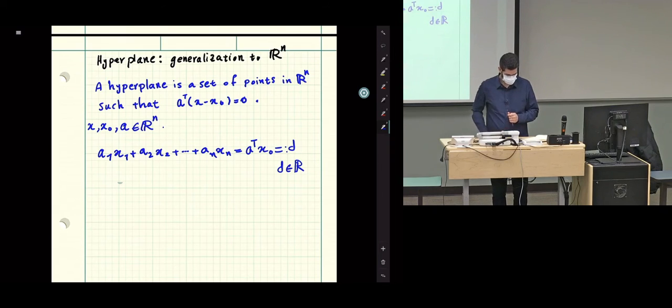Okay, so we can move on to distance. The last thing in this topic is the formula for the distance of any point to the plane, or in general the hyperplane.